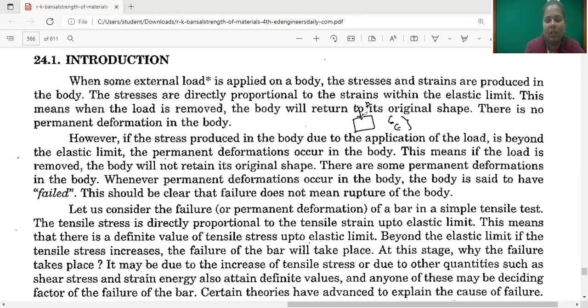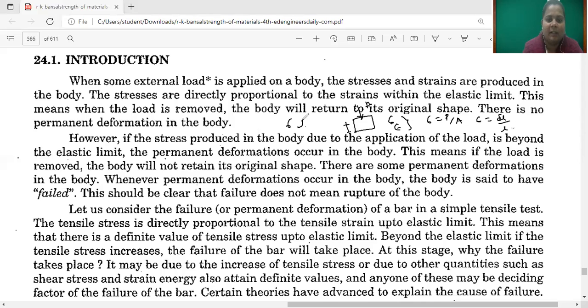Stress is equal to applied force upon area, and strain is equal to change in dimension upon original dimension. Whenever we apply load, the dimensions of the body may be reduced or increased. So due to the application of loading, stresses and strains will be generated in the body.